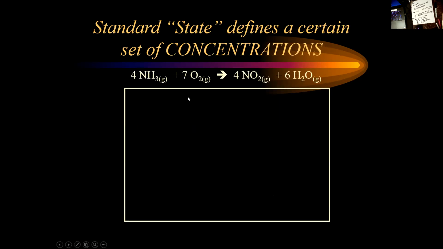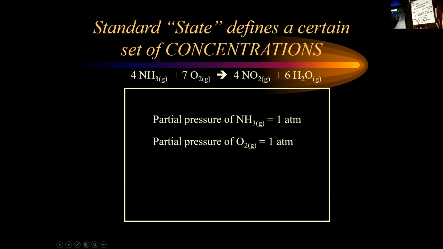Now, I want to tell you what you just calculated. Remember the standard state? Standard state is 1 atmosphere pressure and 25 degrees for every substance in the reaction. That means the partial pressure of ammonia in this standard mixture for that heat of reaction is 1 atmosphere, and 1 atmosphere partial pressure for the oxygen.